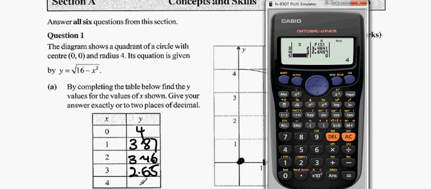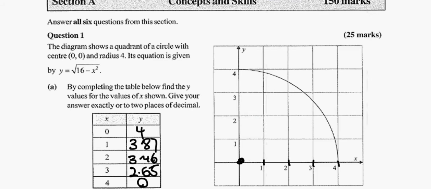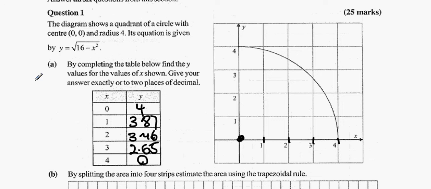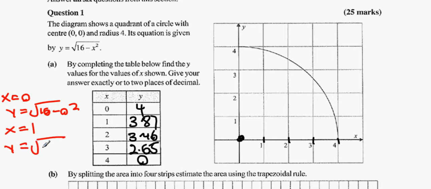Now we also have to show the workings of this. By completing the table, you might want to show the workings. So you can say that when x equals 0, y equals the square root of 16 minus 0 squared. When x equals 1, y equals the square root of 16 minus 1 squared.